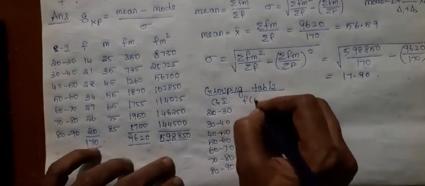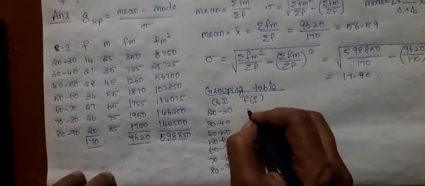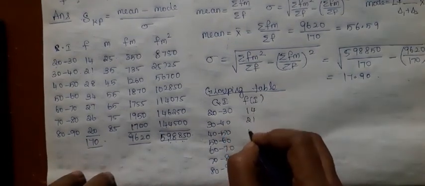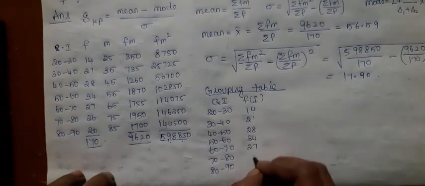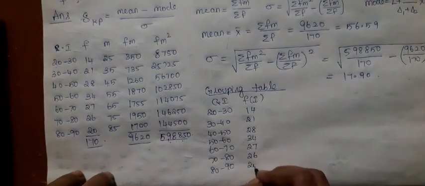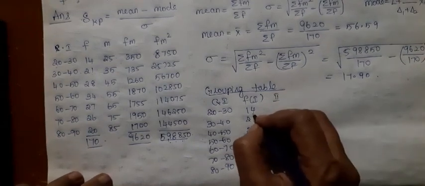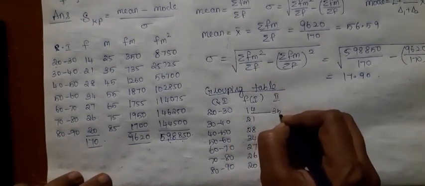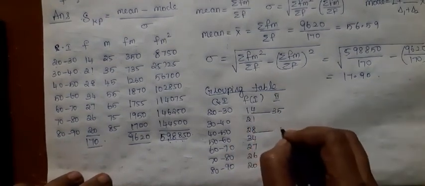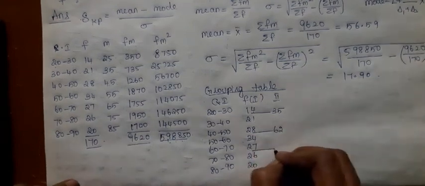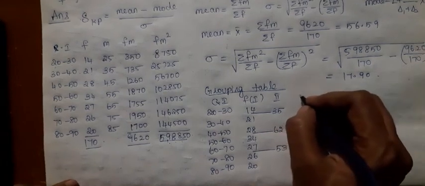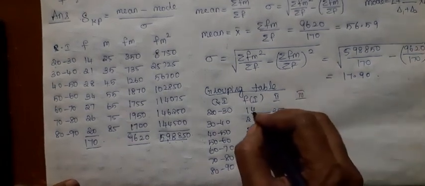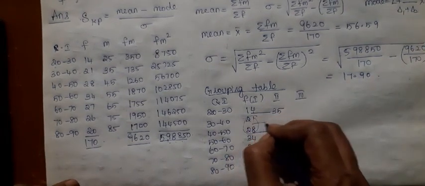The frequencies are 14, 21, 28, 34, 27, 26, 20 in the first column. In the second column, let us group the values in twos. Only one value is there, leave it. In the third column, leave the first value and group in twos.